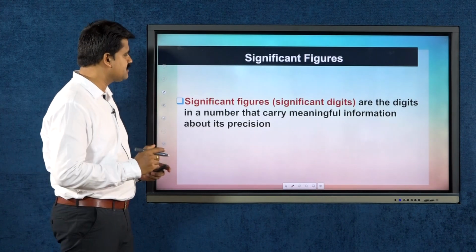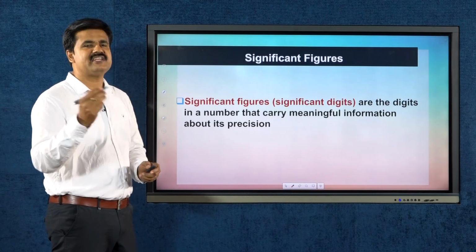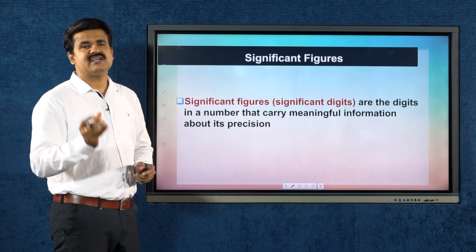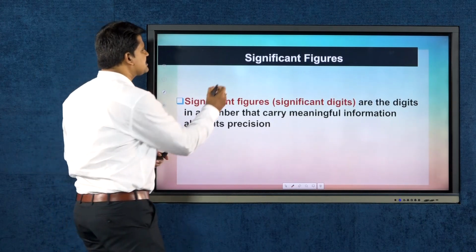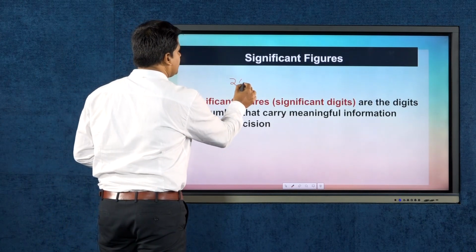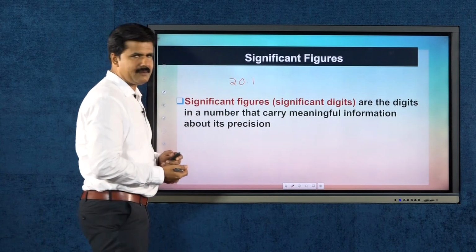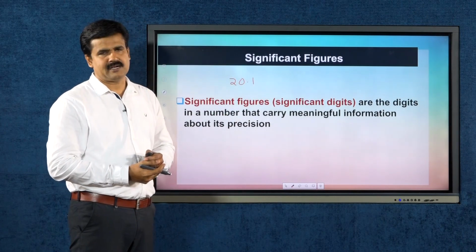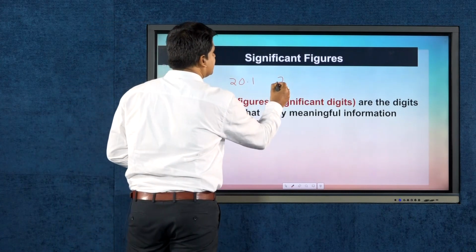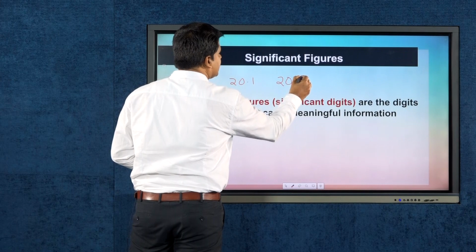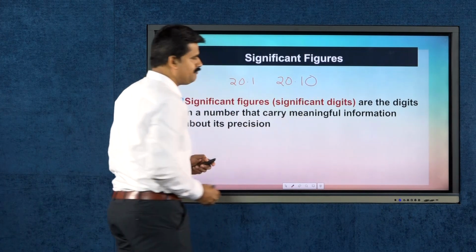For instance, I am representing some quantities to you. I measure the weight of a particular substance. Let its weight be 20.1 gram. In some other measurement, I got it as 20.10 gram.